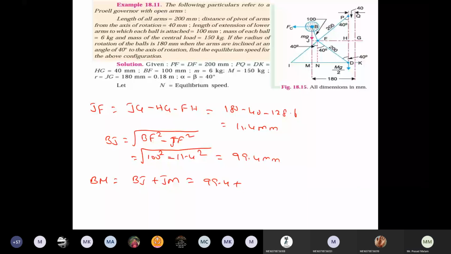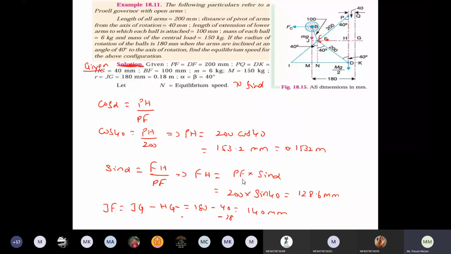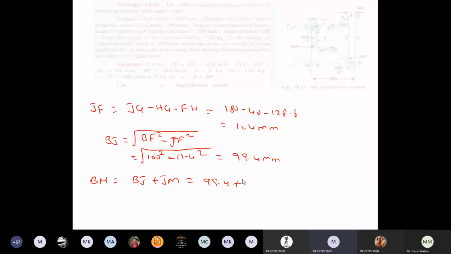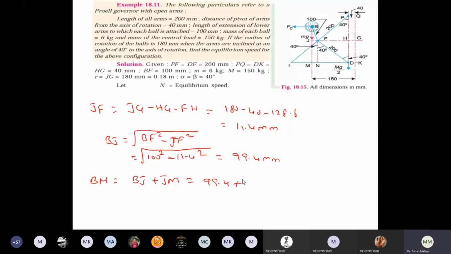Check the JM value, this distance, which we already found earlier. JM is equal to PH. Do we have the PH value somewhere? PH value is 0.15. Is it true?